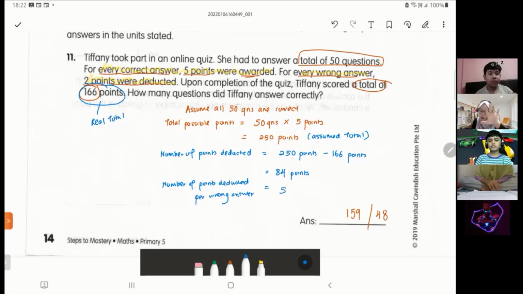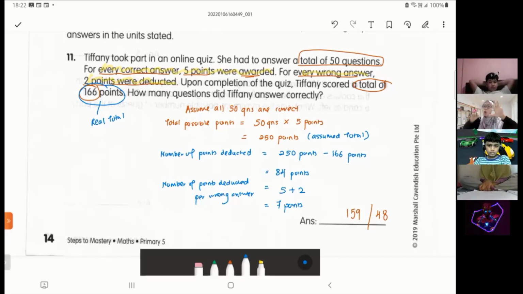So if I were to say the number of points deducted or lost, I would add in the 2 points that were lost. Okay, so I have 7 points deducted per wrong answer. Which means I lose 5 points because I never get it right. You understand my logic? If I don't get the question right, I lose the 5 points that is for the correct answer.